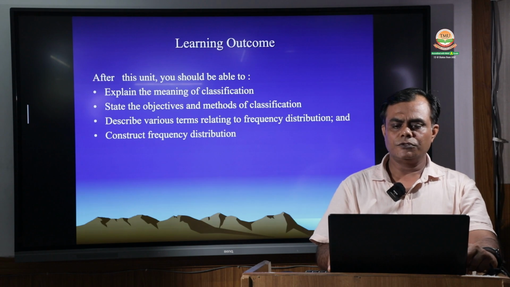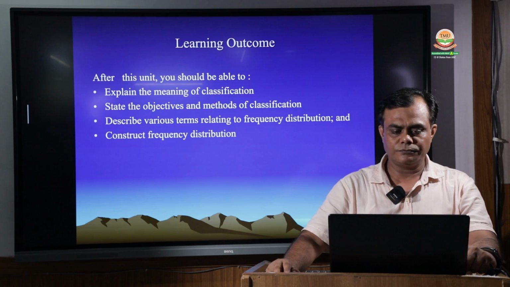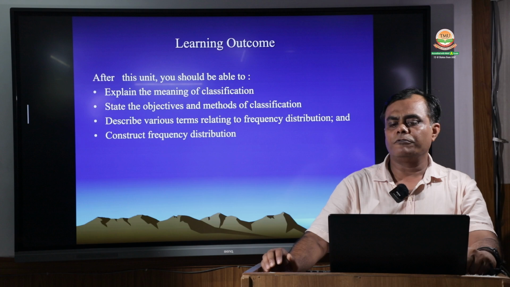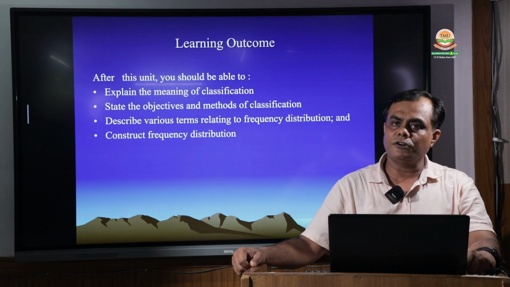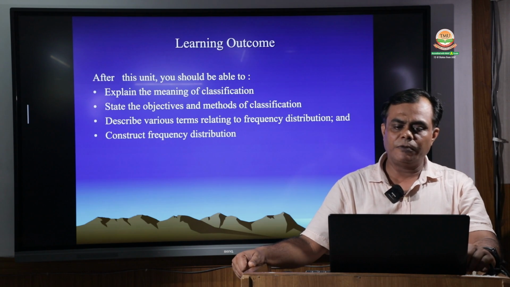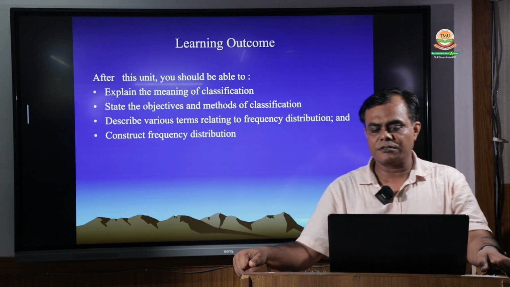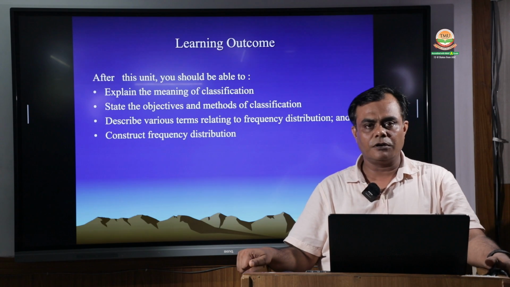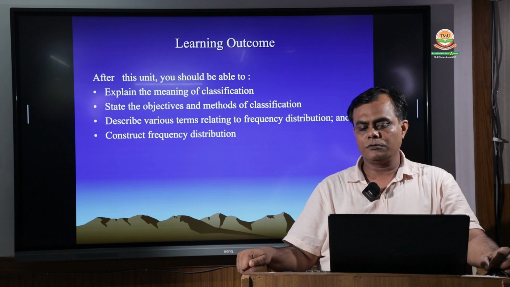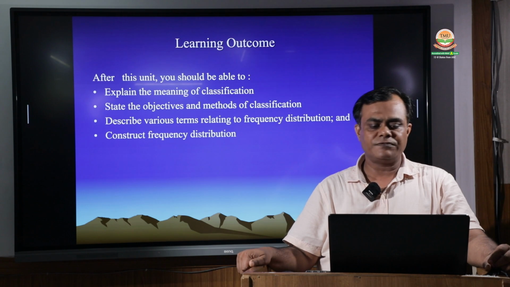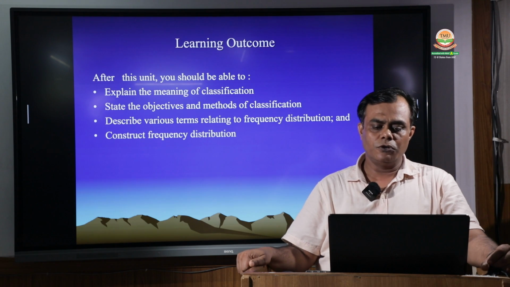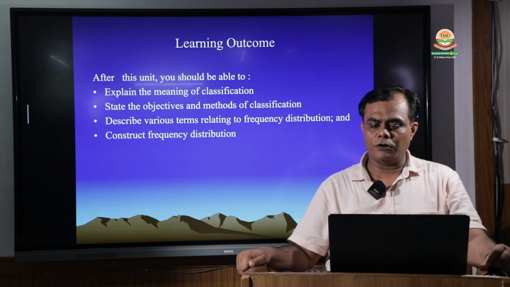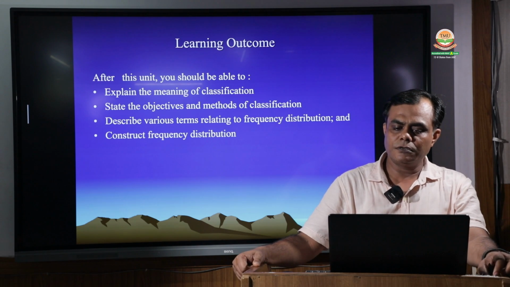So, frequency distribution: when observations, whether they are discrete or continuous, are available on a single characteristic of a large number of individuals, it becomes necessary to condense the data as far as possible without losing any information of interest.